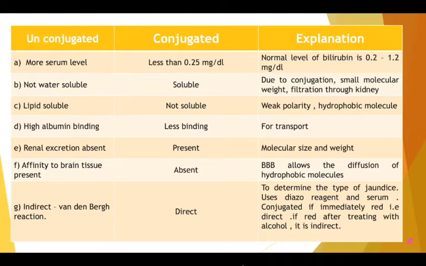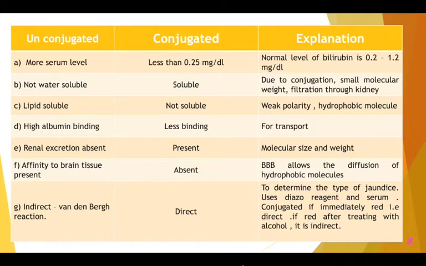As we already told, unconjugated bilirubin is lipid soluble, so it can easily cross the blood-brain barrier.